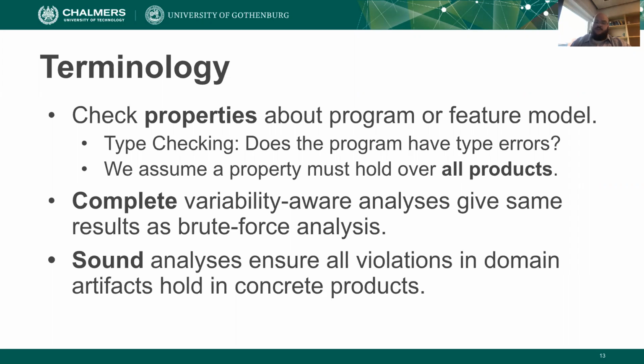So complete and sound are terms you often hear thrown around for analysis. In our case, we say the approach is complete if the approach over the product line gives the same answer that it would for every single individual product. And we say it's sound if it says there's a problem in a reusable asset, it's a problem no matter which artifact we include that asset in.